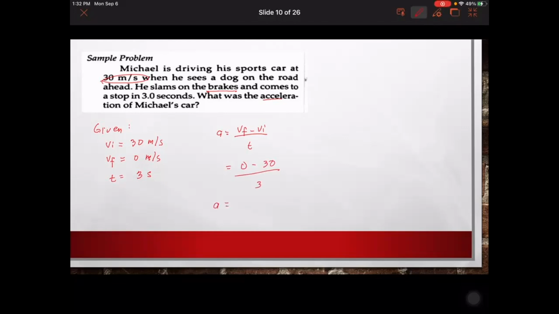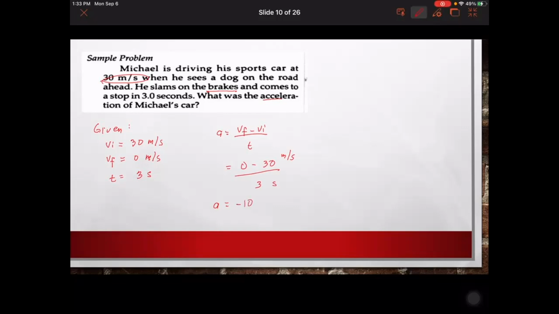So, what is the acceleration? Anyone? This is meter per second, and this is seconds. What's the answer? 10? It's negative 10.